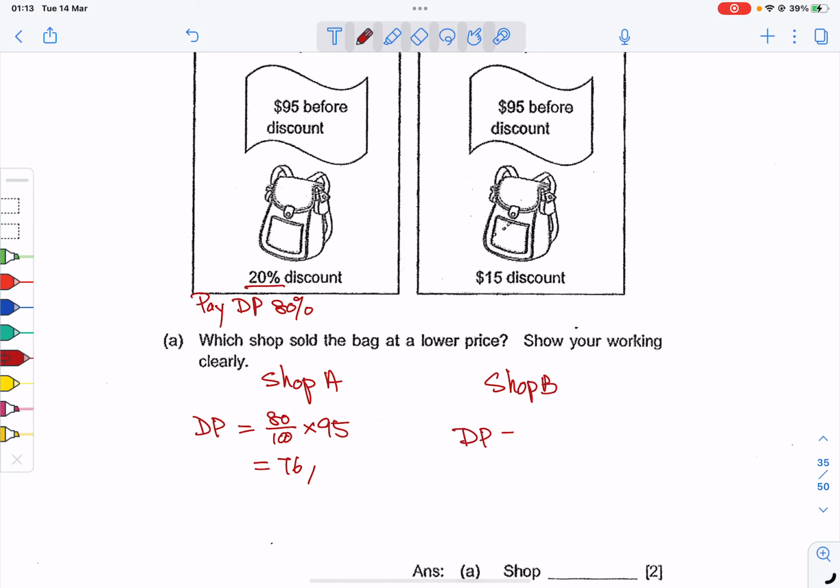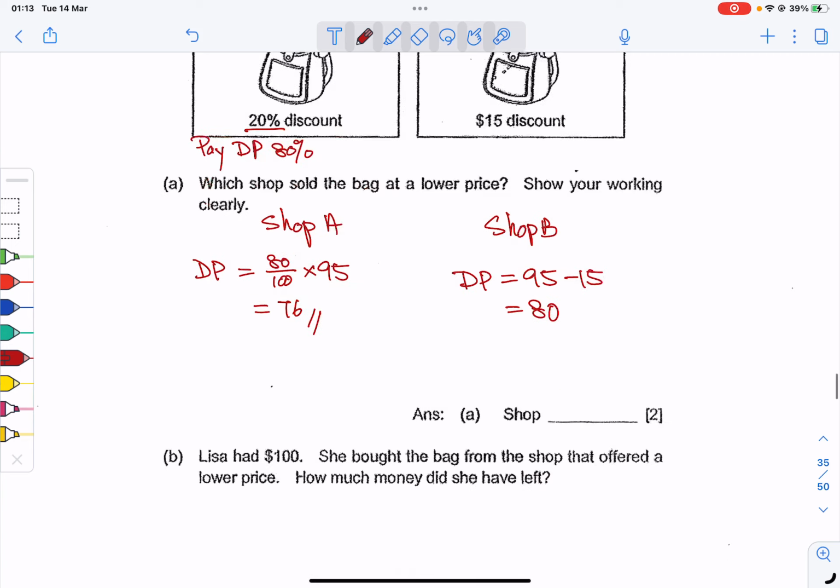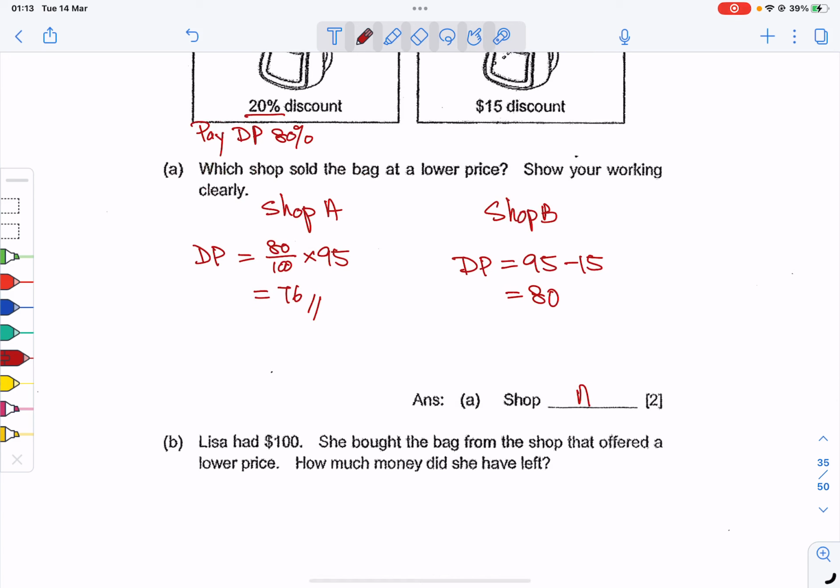Okay. Now for shop B, discounted price will be $95, take away $15 discount. Okay, will arrive at $80. So $76 is cheaper. We'll choose shop A. B, Lisa had $100 and she bought the bag from the shop that offered a lower price.